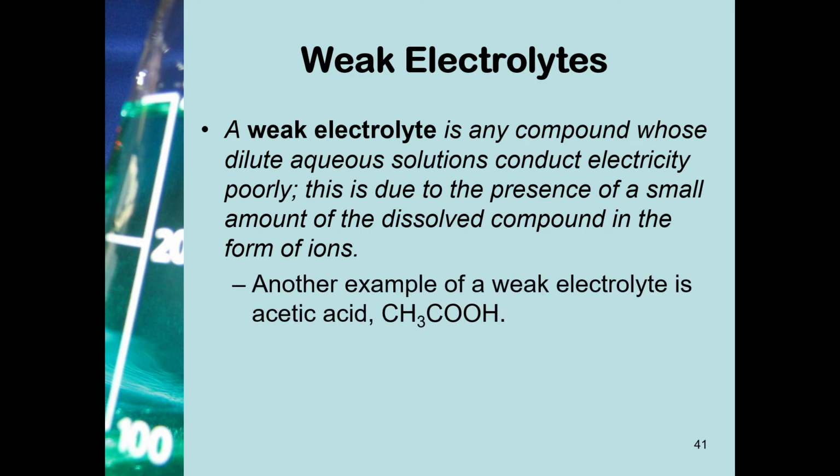Now another example of a weak electrolyte is acetic acid, and the formula for it is CH3COOH. The first part there, minus the H at the end, is the acetate ion that you have memorized from your sheet. We learned it as C2H3O2, but you can see where that comes from. So acetic acid is another weak electrolyte, and we know it as the main ingredient in vinegar.